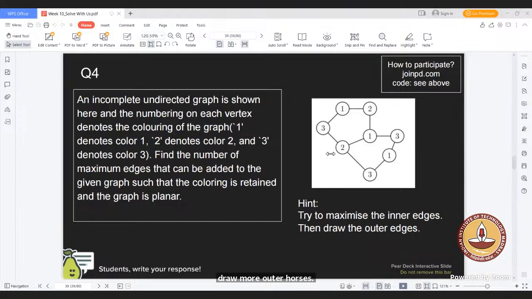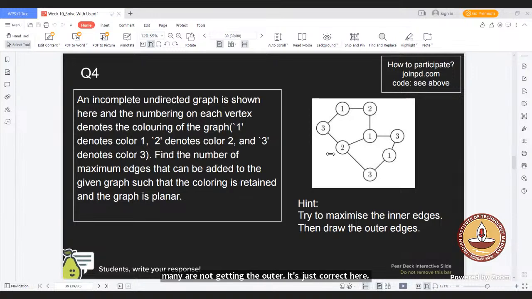If you are telling the inner edge is 4, just kindly type 4 inner edges. Okay. I'll just give 2 more minutes. Yeah, 4 inner edges is correct, but many are not getting the outer edges correct here.